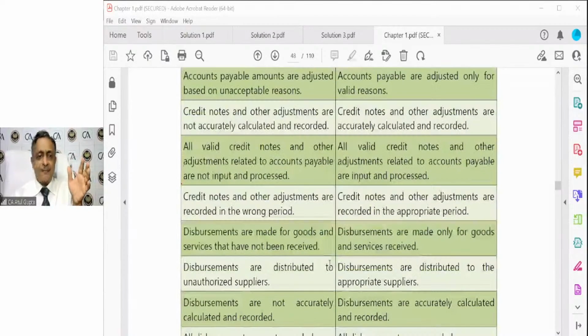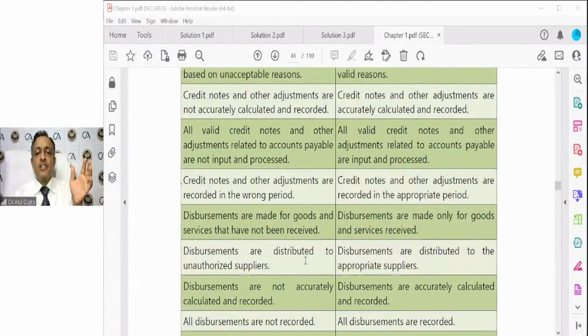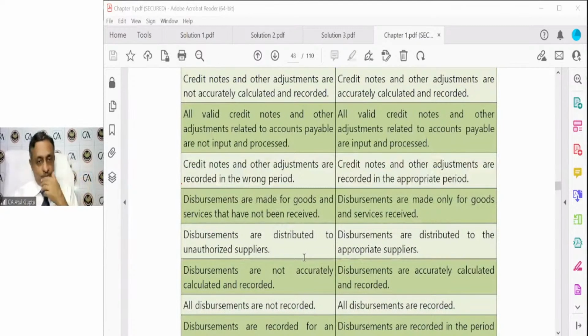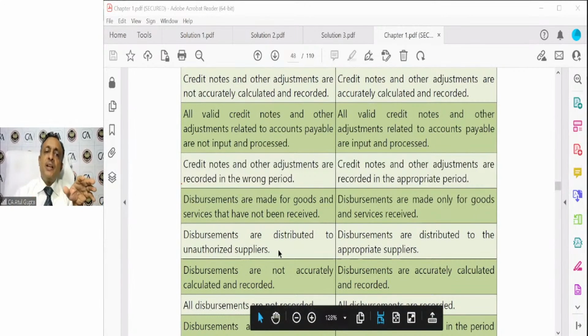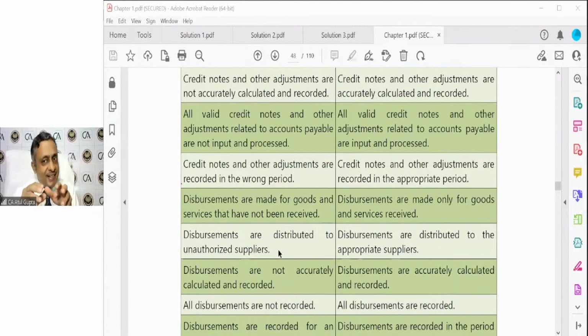So again, it's a risk. Disbursements are distributed to unauthorized suppliers. Now see, this is again a disaster. Today, the way systems are working, this error, disbursements distributed to an unauthorized supplier, is a second stage error. The first stage error is already done in the master.